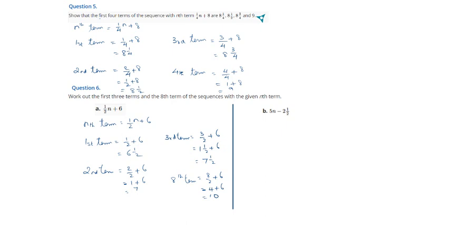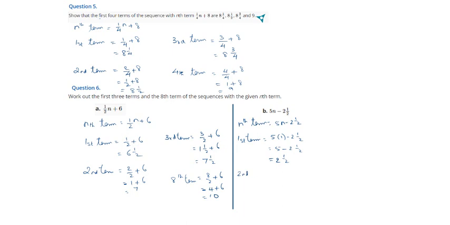So given nth term is equal to 5n minus 2 1 by 2. So the first term is equal to 5 into 1 minus 2 1 by 2. This is equal to 5 minus 2 1 by 2. So 5 minus 2 1 by 2 is 2 1 by 2.